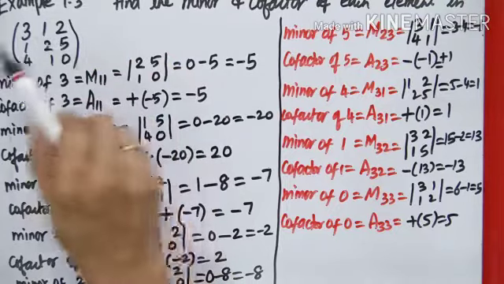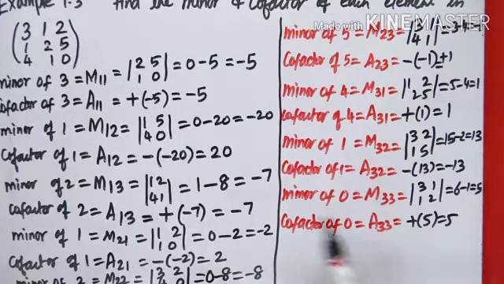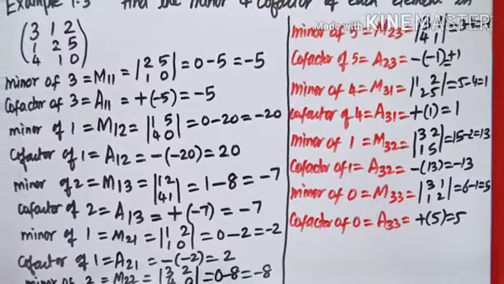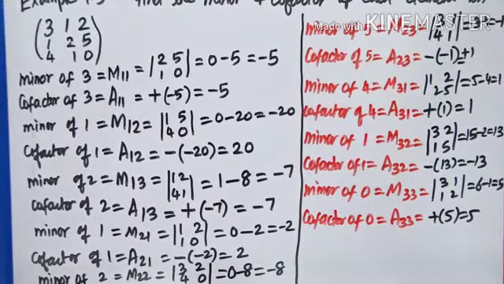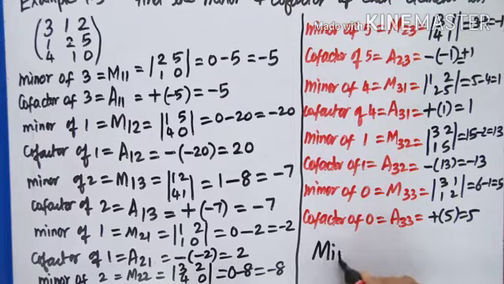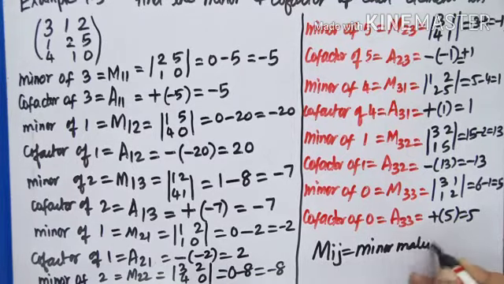So for all the 9 elements we have found the answer, and as we tabulate, you call it a cofactor matrix. In the next problems, we will not be doing all these steps. We will do it in a little more shortcut and call that Mij.